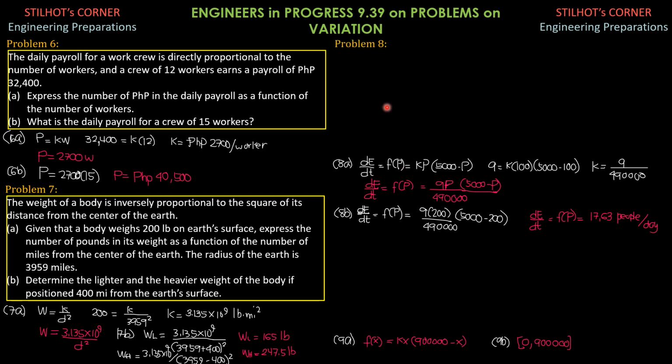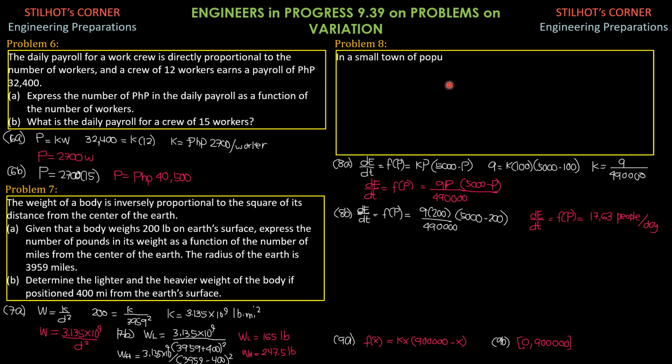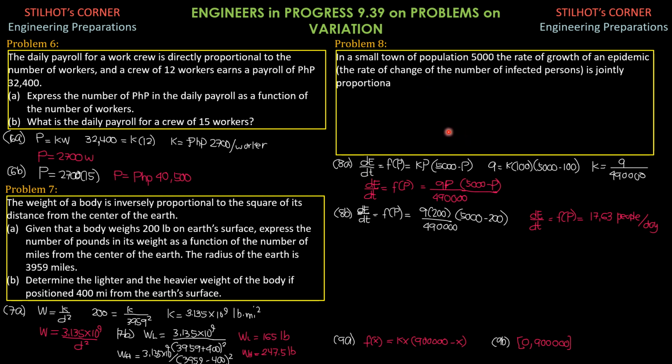Problem 8. In a small town of population 5,000, the rate of growth of an epidemic, the rate of change of the number of infected persons, is jointly proportional to the number of people infected and the number of people who are not infected.